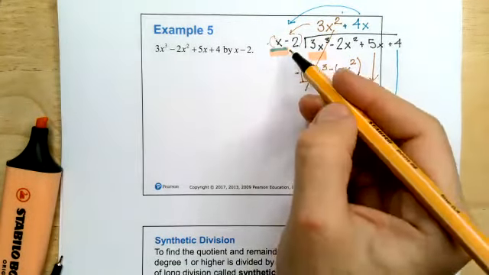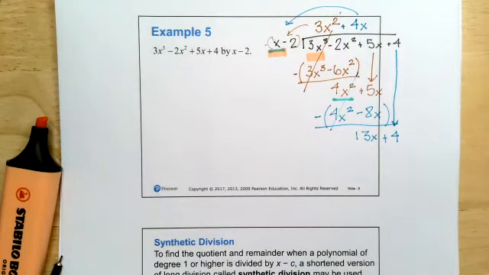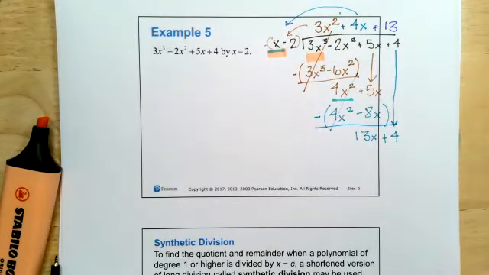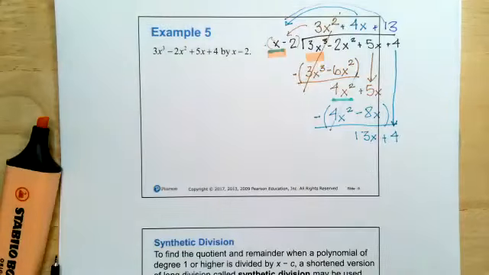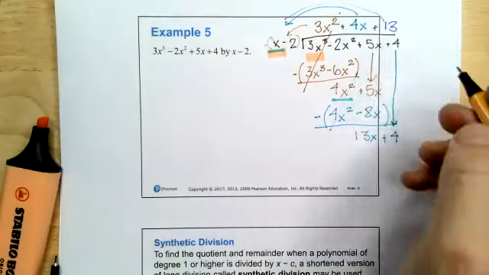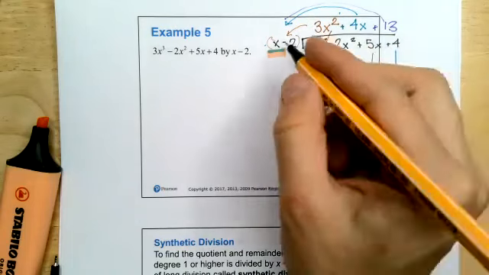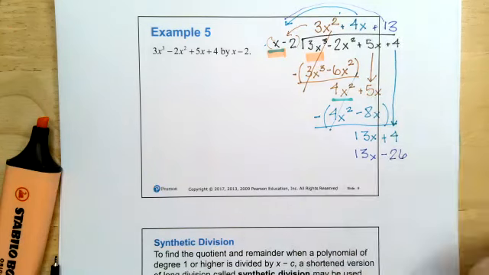13x plus 4, and we just have an x. So what do I need to do to x to get 13x? I need to multiply it by positive 13, right? Just like we did with the 3x squared and the 4x, we're going to multiply it by the x minus 2. 13 times x is 13x. 13 times a negative 2 is a negative 26, right?